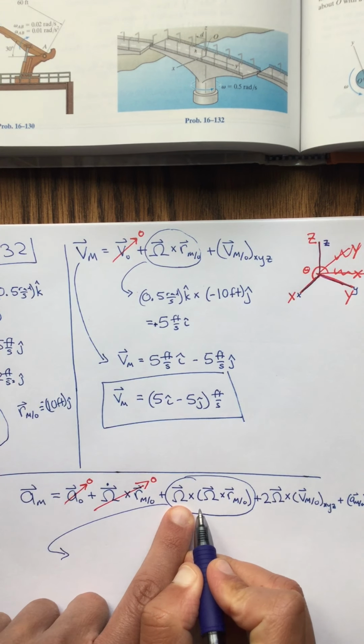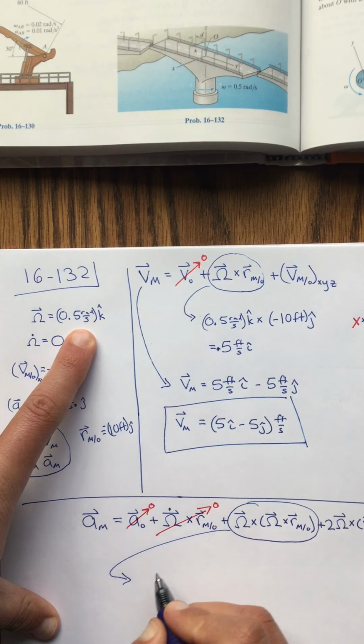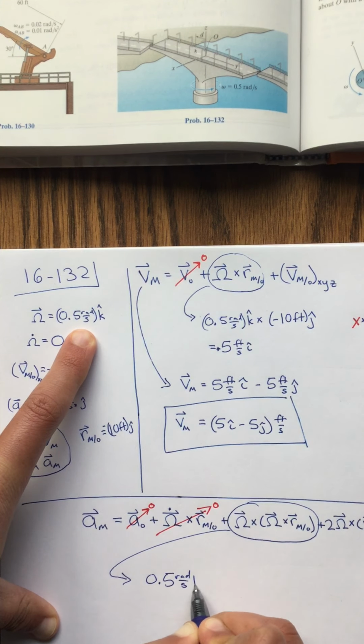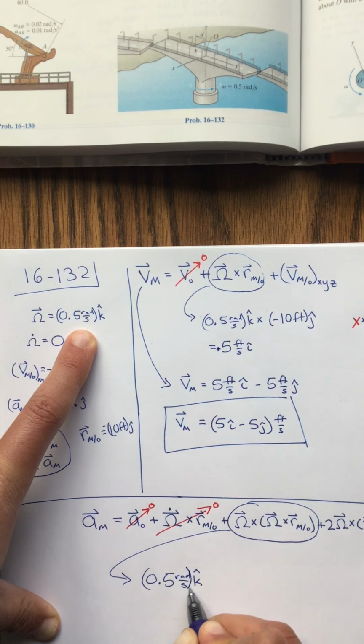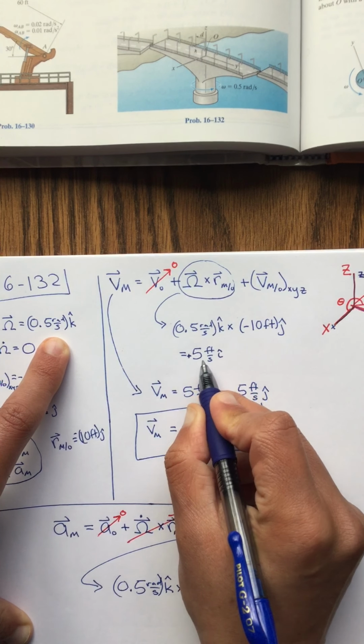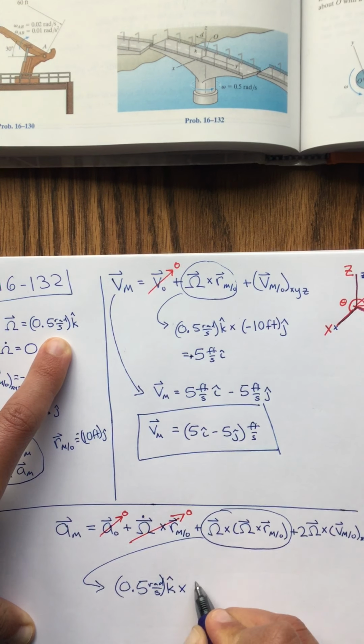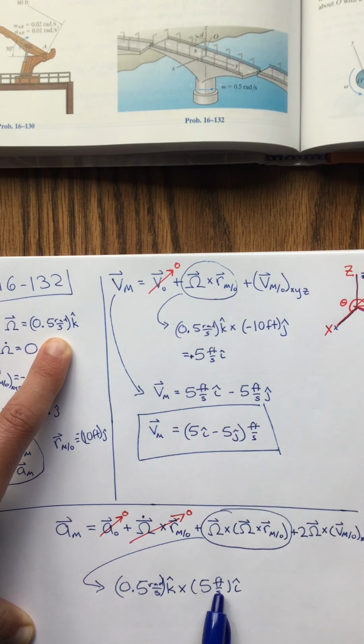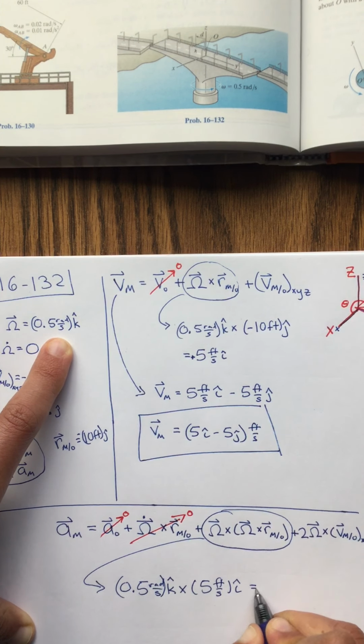So I'm going to take this first omega, which is 0.5 radians per second in the k hat direction, and I cross that with omega crossed with my position vector here, but I already know that's 5 feet per second in the I hat direction. So what's in parentheses I can replace with 5 feet per second in the I hat direction, then do omega crossed with that.